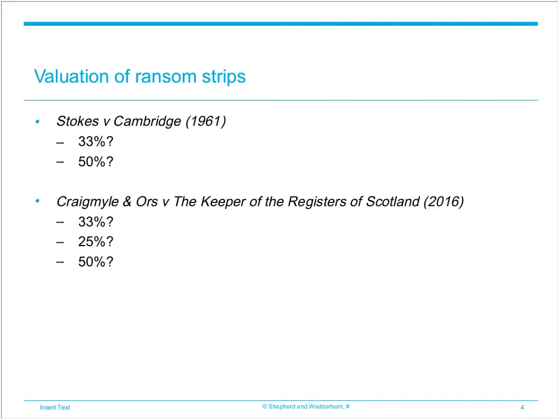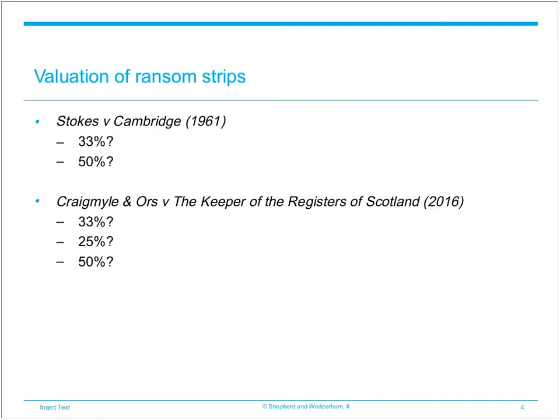Then they deducted a developer's profit of 15%. Then they deducted a further sum for the cost of roads and infrastructure. And then they deducted the existing use value of the land, thus arriving at a figure which represented the increase in value, which could only be unlocked by the ransom access. They allocated 1/3 of that sum as the purchase price for the access.